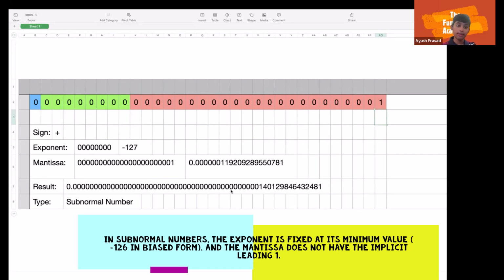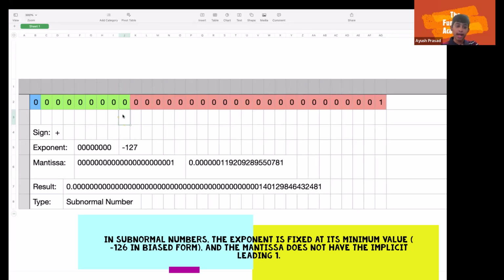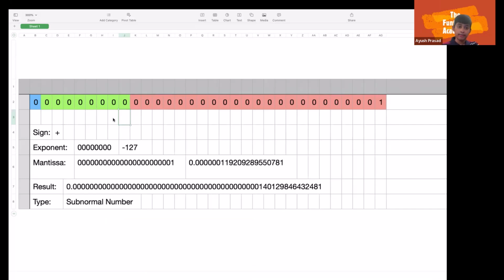The concept of a subnormal number is to treat this exponent we have here not as minus 127, but as minus 126, like the next highest exponent. But ignore this magic 1 that we insert here. So this number would be represented as 1 times 2 to the power of negative 126.